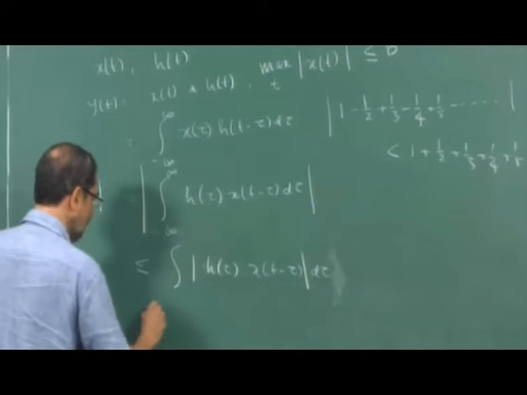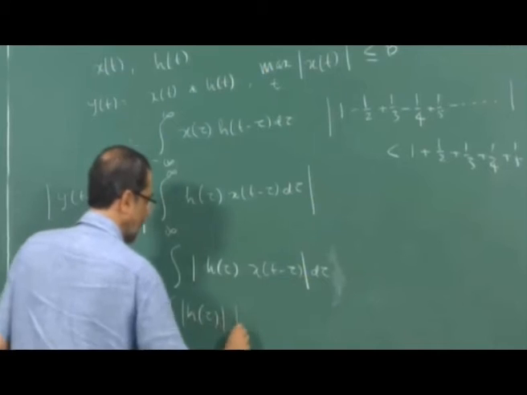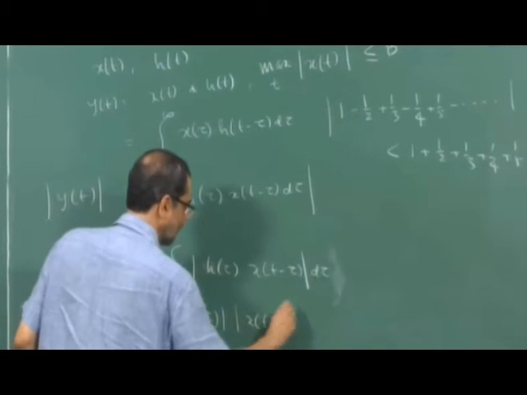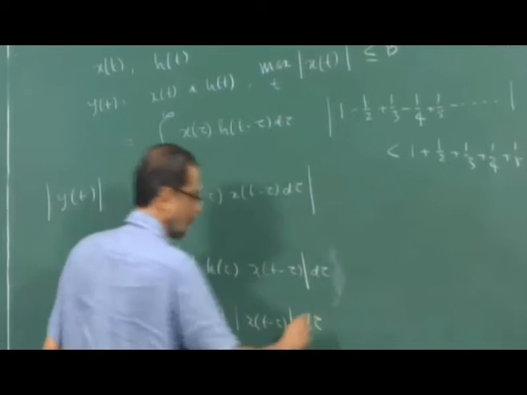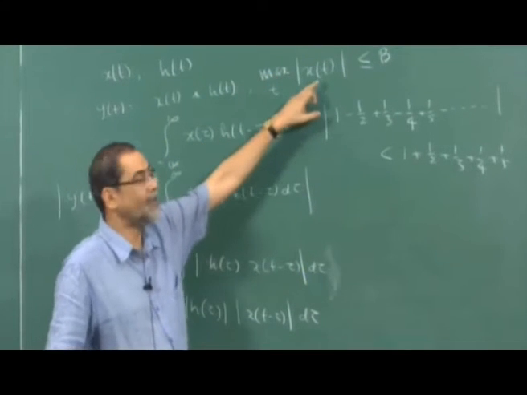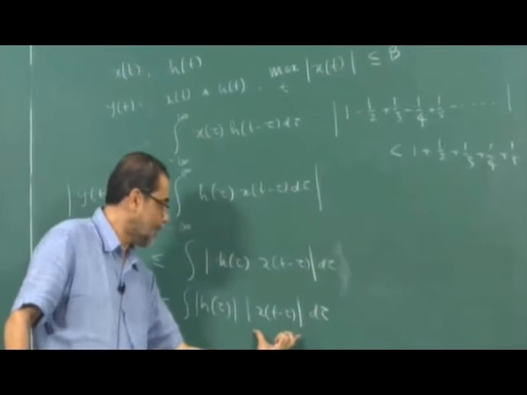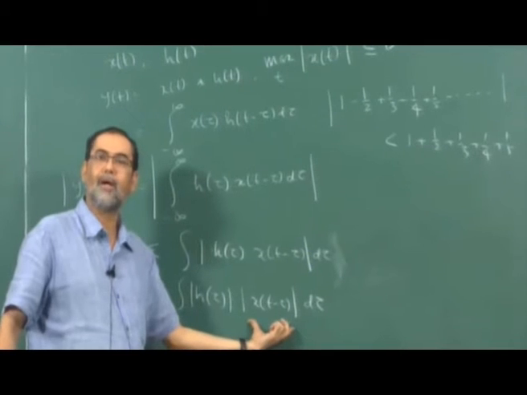So this is now equal to the integral of the absolute value of h of tau and the absolute value of x of t minus tau. But I have assumed that the maximum possible value of the absolute value of x is less than b. So I can replace every such absolute value by b.